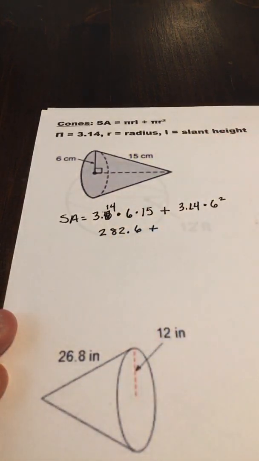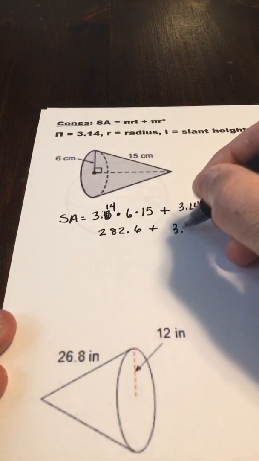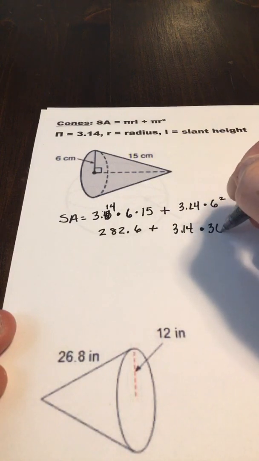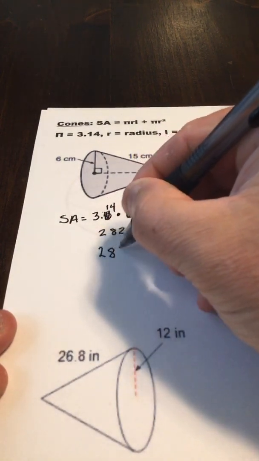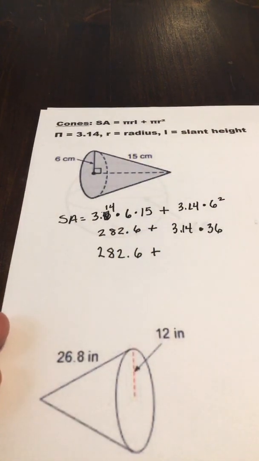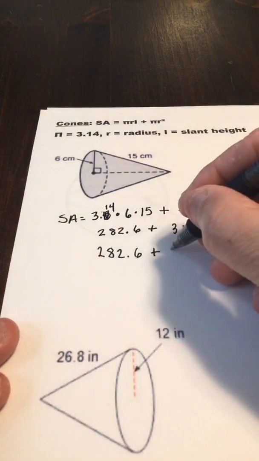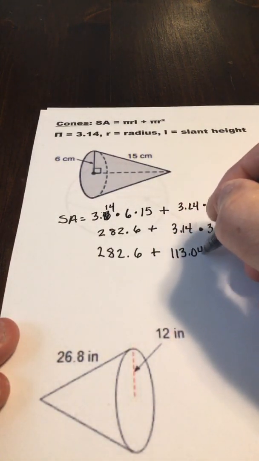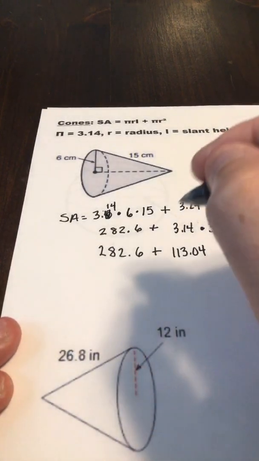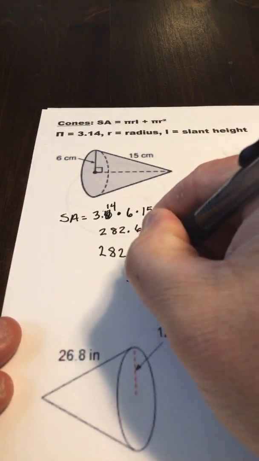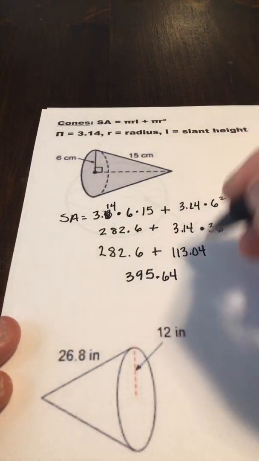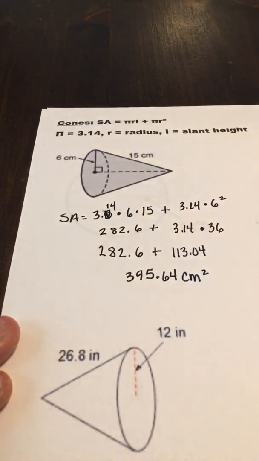I'm going to add that to 3.14 times 6 squared, which is 36. 3.14 times 36 is 113.04. Add those two things together, and I get 395.64 centimeters squared.